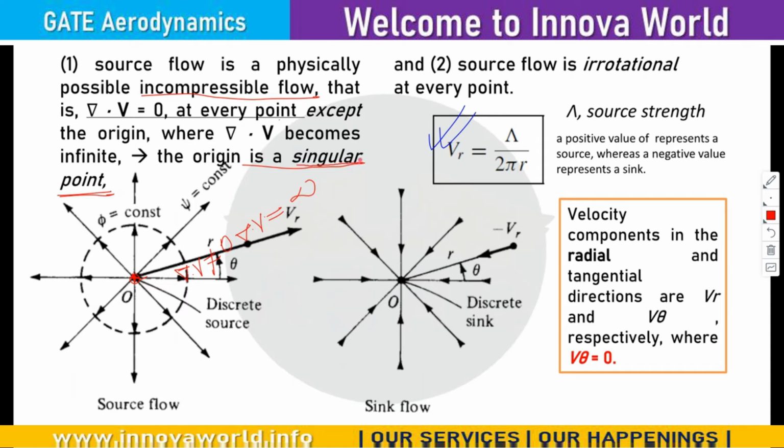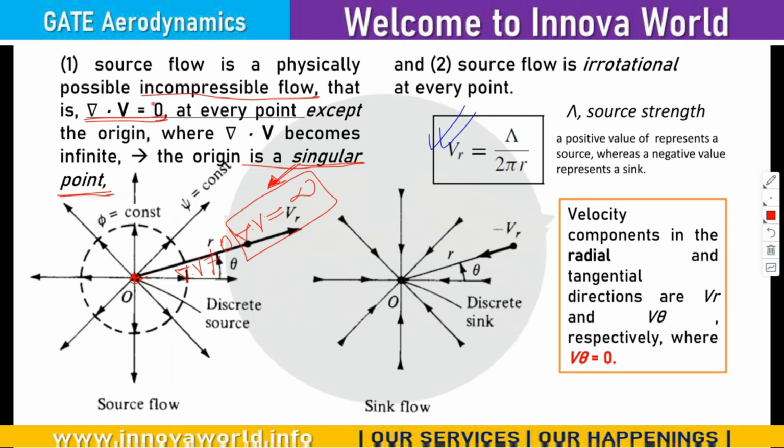These are the mathematical terms. So at the origin we have the singular point. It doesn't satisfy del dot V equal to 0, in fact it is infinite. But apart from the origin, when it is radially expelling out from the source, del dot V is equal to 0.